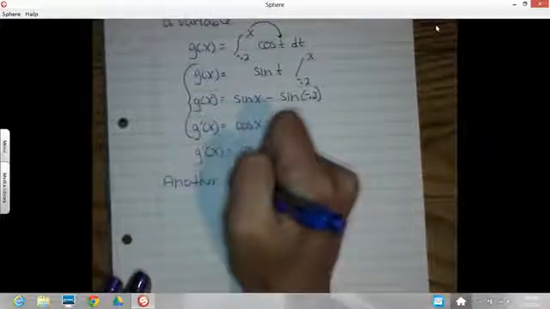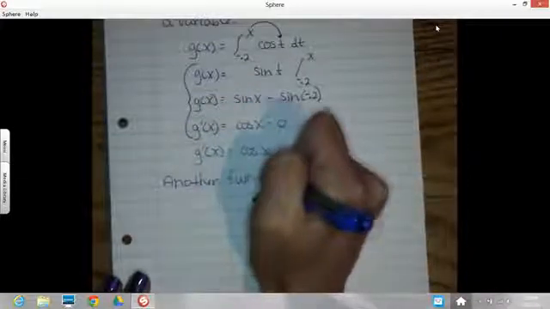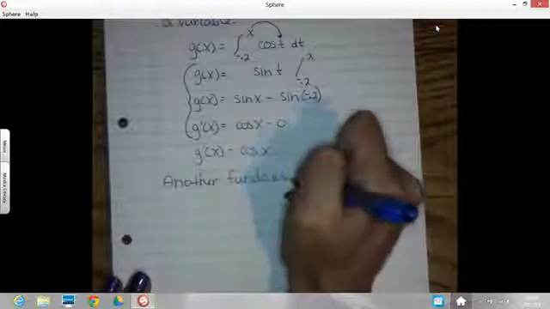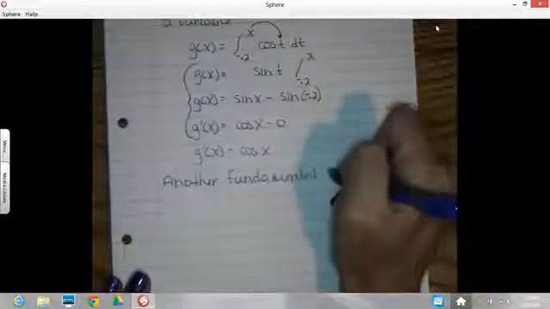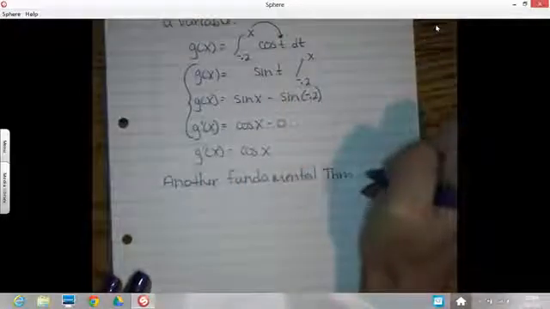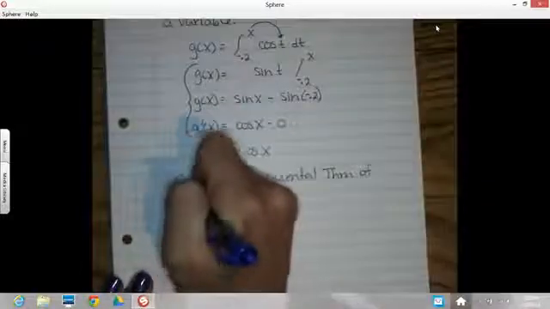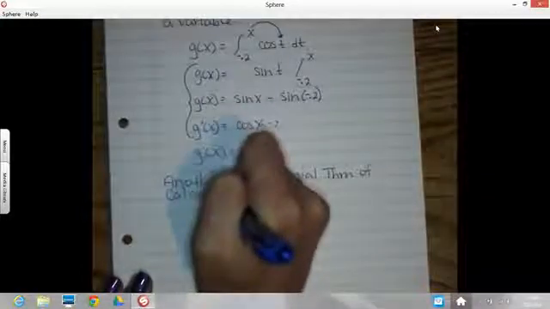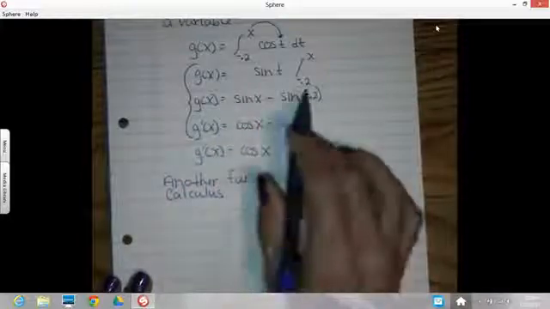Another fundamental theorem of calculus. Remember, the fundamental theorem let us plug the boundaries in and subtract. Let us find the definite integral.